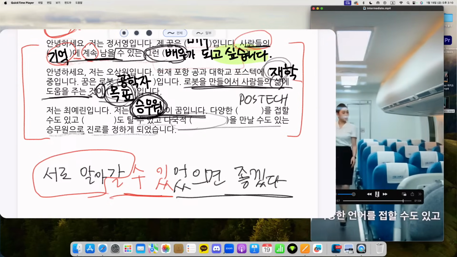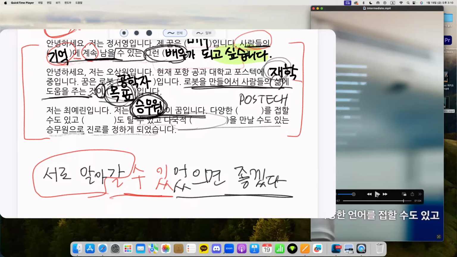다양한 언어를 접할 수도 있고, we learn what 다양한 means. It means various. So 다양한 언어를 접할 수도 있고. 접하다 means to encounter. I can encounter various languages. 수도 있고 I can do that.